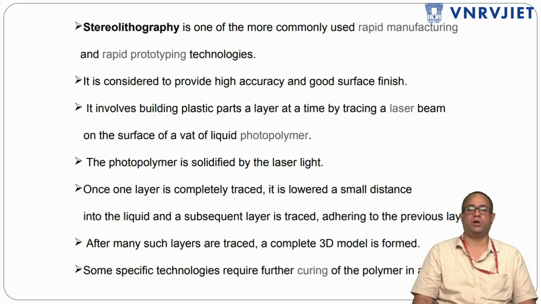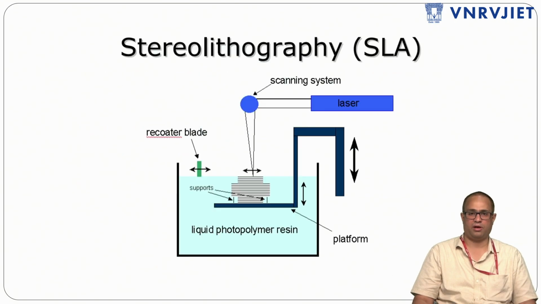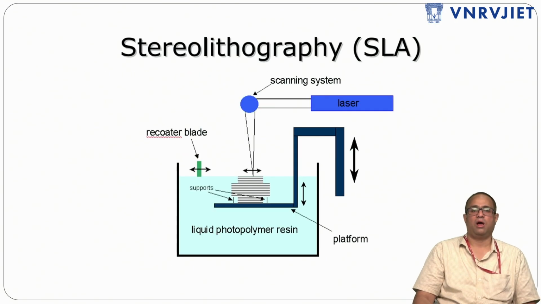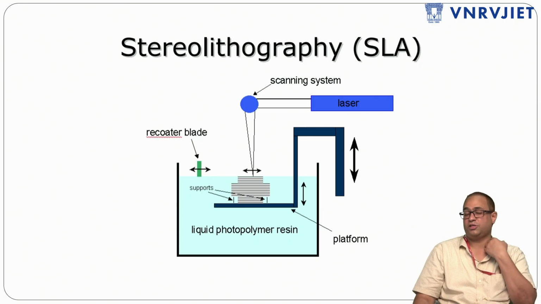Coming to the working principle, as you can see here, this VAT of photopolymer liquid resin is filled in the entire box, and then the elevator platform is sent downwards.